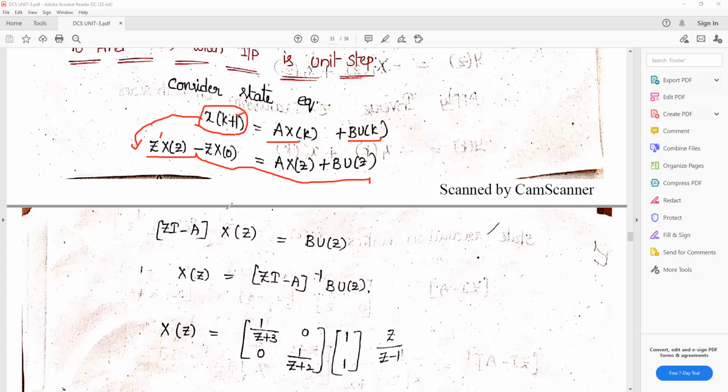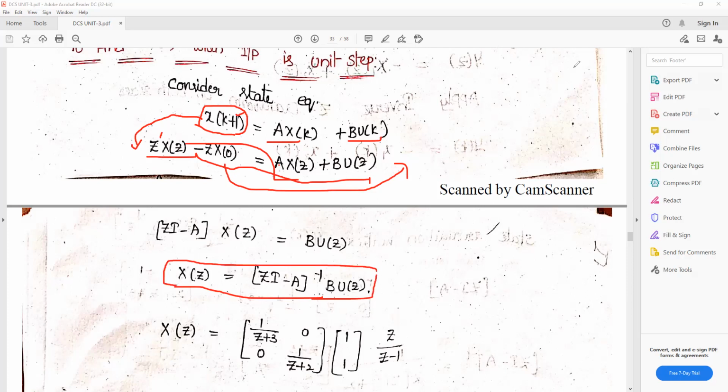The x of z terms go to the left side and the remaining terms to the right side, so x of z is equal to (zI minus A) whole inverse into B into u of z.